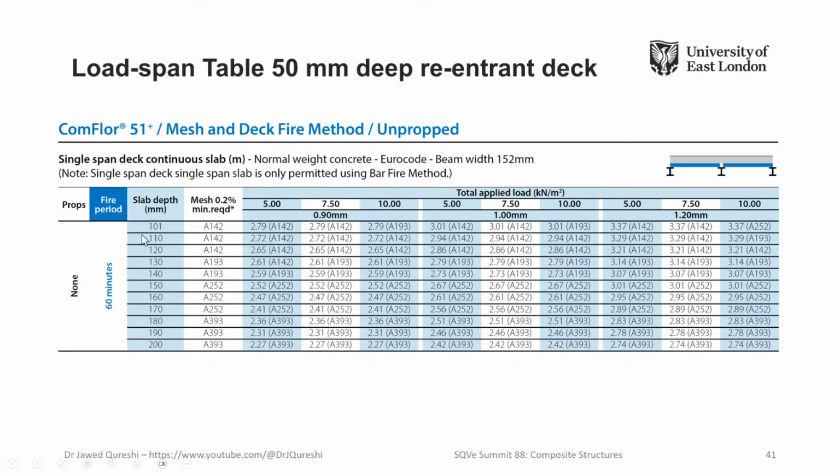But as you increase the depth of concrete, the overall depth of the slab, you can see that spanning capability is reducing. If I'm the designer, I would always use the first possible. I will simply use 110 rather than 200 because firstly it is reducing spanning capability, and secondly, it is increasing dead load quite a lot.